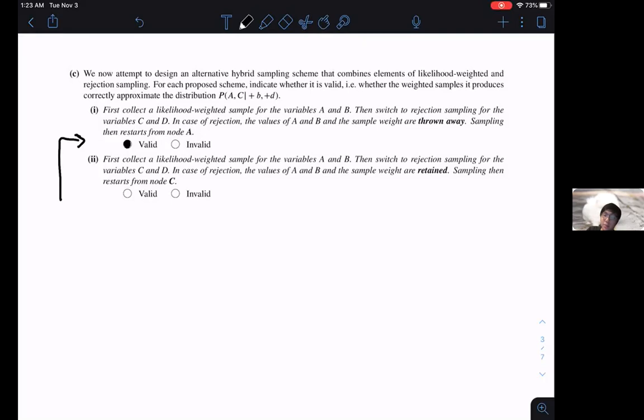This can be a problem if we're going to consider the sample as something that validly approximates the distribution that we're looking for. So in this case, this is valid and good because we throw the whole sample away.